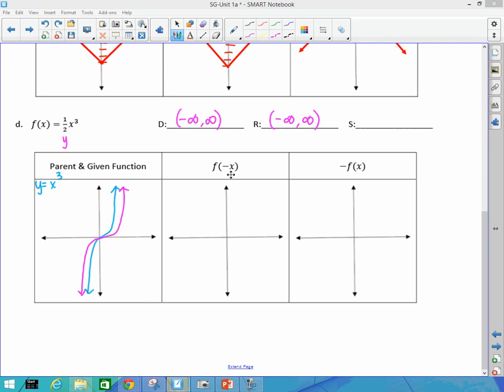Okay? Negative x, as we've done on all the other ones, we're going to flip it over the y-axis. So if we flip it over the y, it looks like this. Are those the same? No, they're not. This one, we're going to take our original one and flip it over the x-axis.